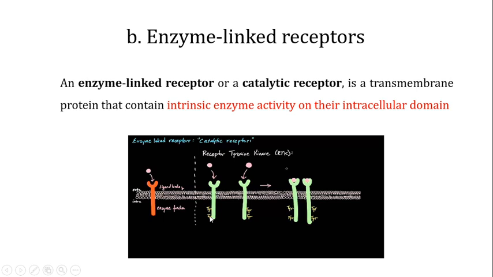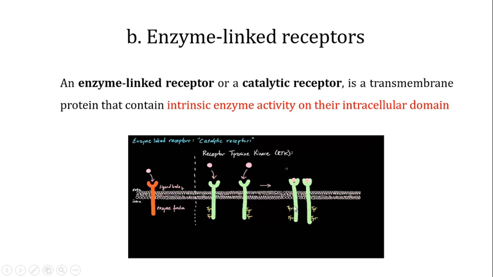Now, when you talk about the actions of these enzyme-linked receptors, they are made up of two subunits. This is one subunit and this is the other subunit, and when no ligand is bound, they are away from each other, not in close contact. But when the ligand binds to them, as you can see over here, the subunits of the receptor come closer to each other.